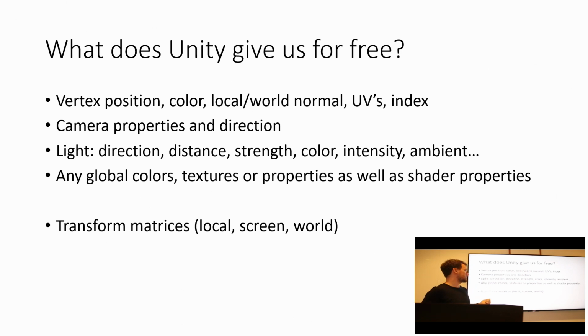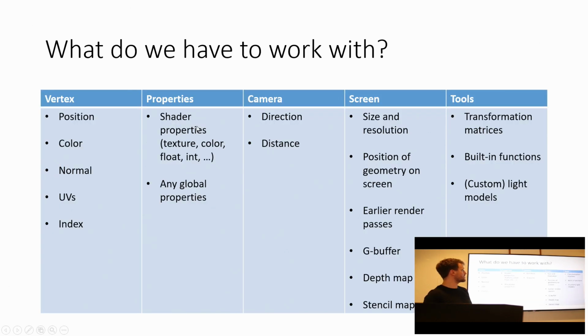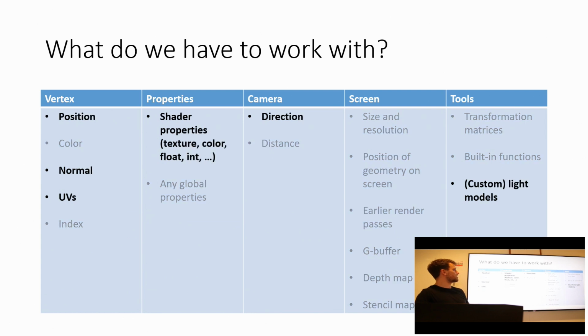You've got lighting, you've got a bunch of stuff. This is sort of an overview of the stuff we'll be using a lot during this workshop. But this is more for your reference after we've done this whole session, and you can look at it.